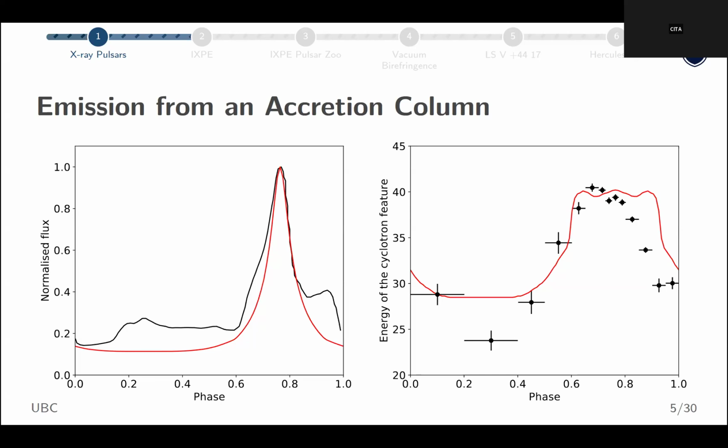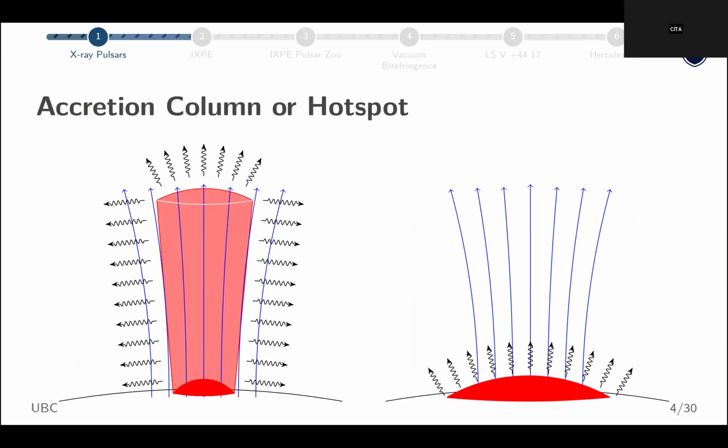And then over here, which is a cute thing, once you set up this picture and pick some angles that explain this, you can ask, what is the observed cyclotron energy? The reason it shifts up and down is because, as the star is spinning, you're seeing emission up here or down there.